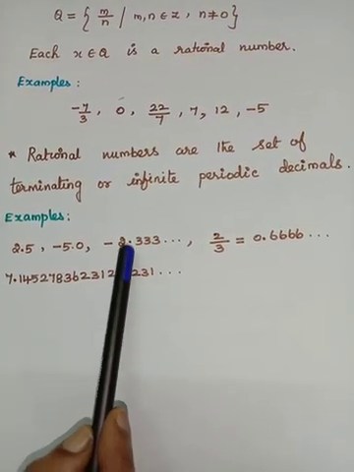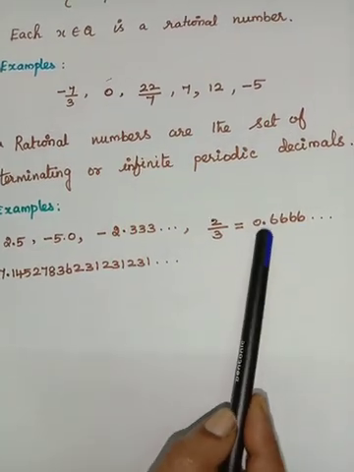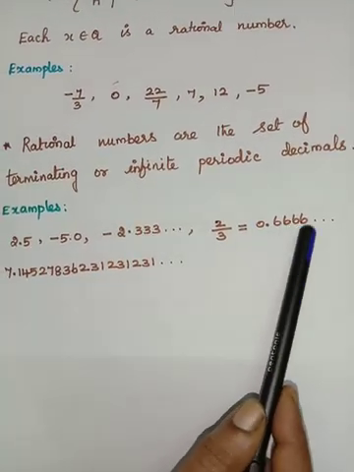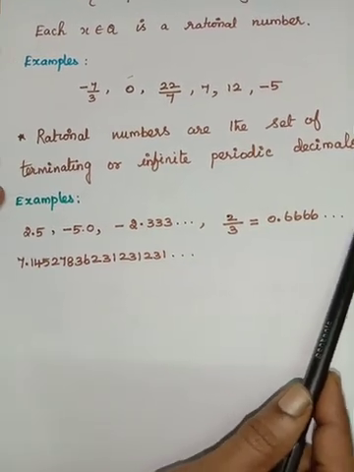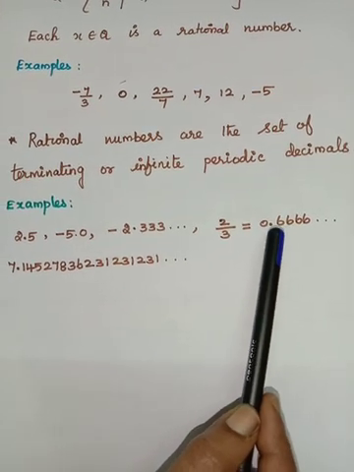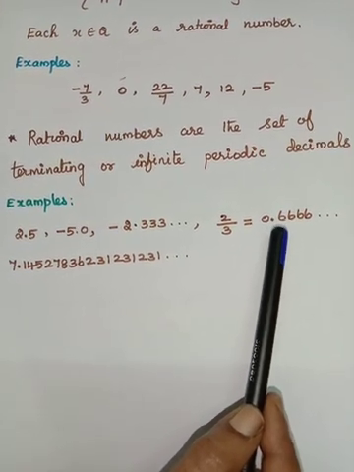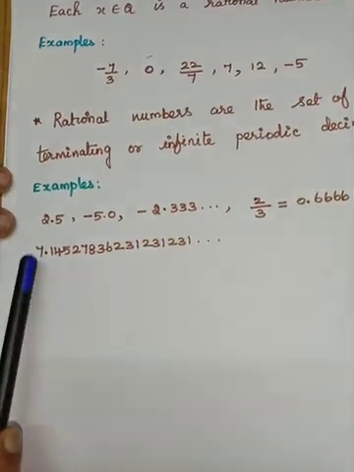So this number is also a rational number. Similarly, 0.6666, etc. is not terminated, it goes on infinitely with 6 repeated, so it is also a rational number.